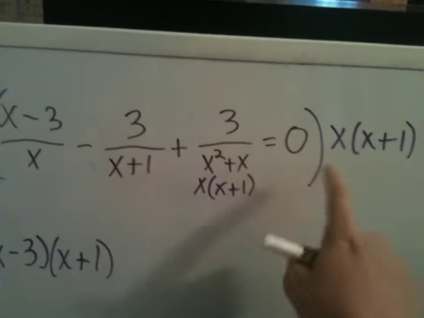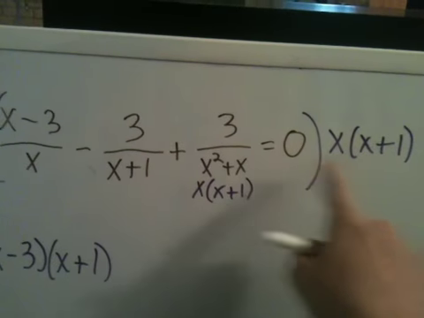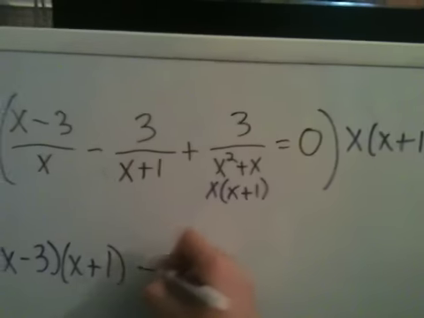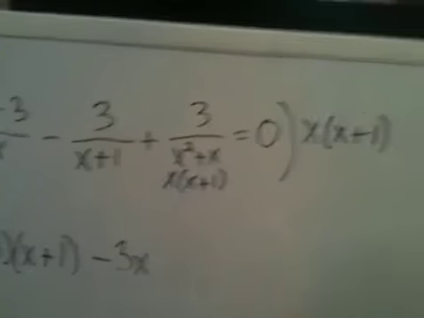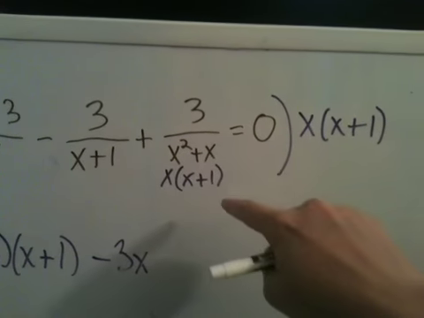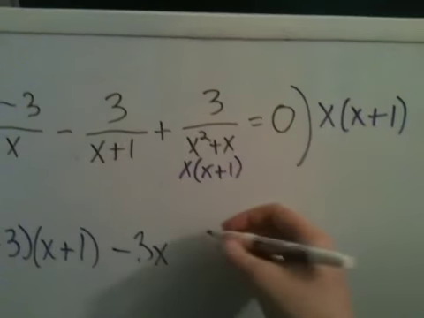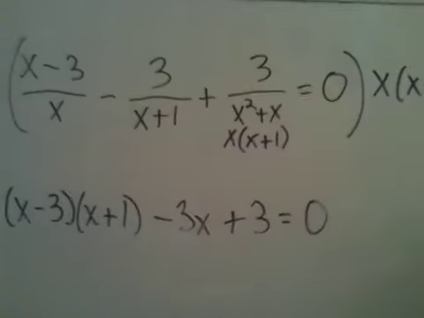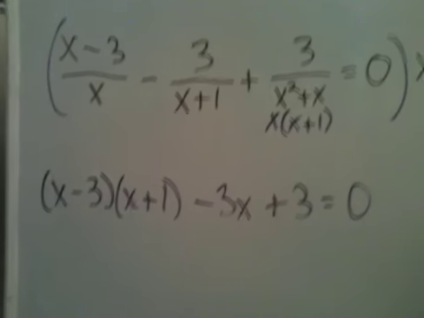On this one, I have the x plus 1, I need the x, so I'm doing negative 3 times x, which is minus 3x. This one has the whole denominator, which will cancel out, so we just have plus 3, and that equals 0.